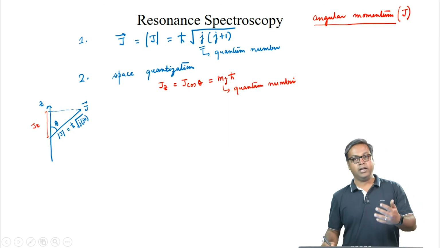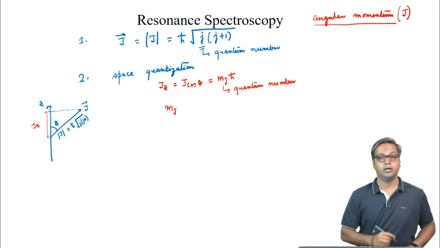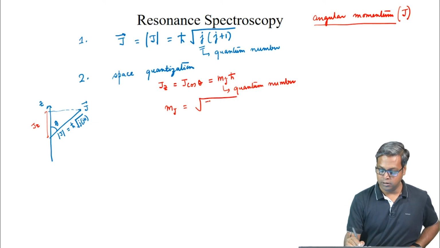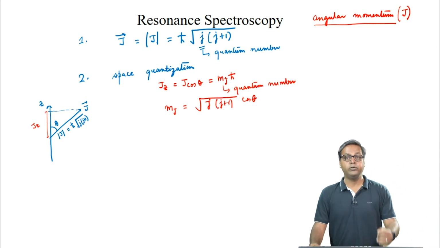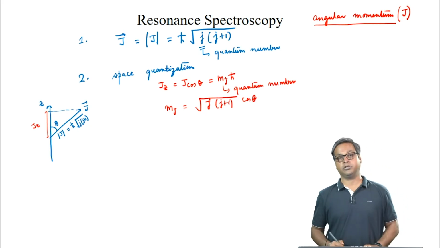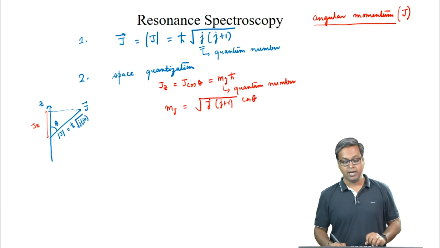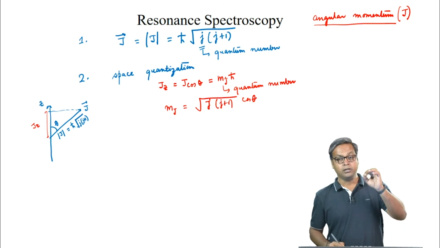So, we can write that m j equals root over j times j plus 1 cos theta. We have seen this during our discussion on angular momentum in rotational spectroscopy. From this relation, it follows that the m j quantum number can have the following values.